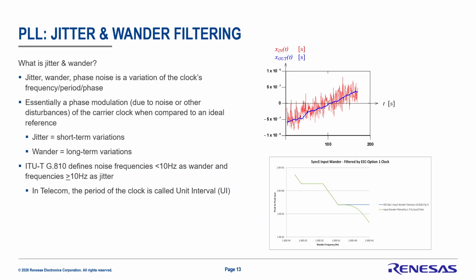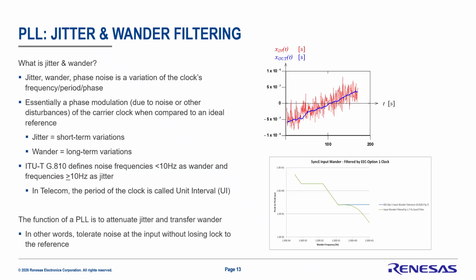As expected, anything below 1 Hertz effectively should track the blue mask exactly, but anything between 1 and 10 Hertz, because of the filtering definition of a synchronous Ethernet clock, you should start seeing the attenuation of that clock in that range. And once you go beyond 10 Hertz, you should see full attenuation of any noise of that clock.